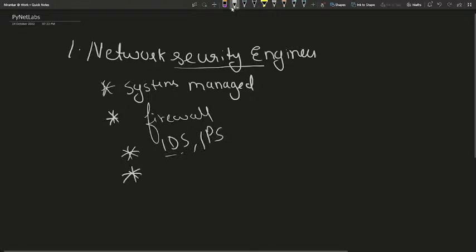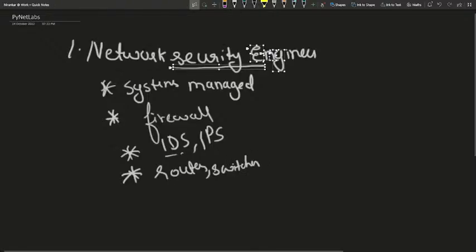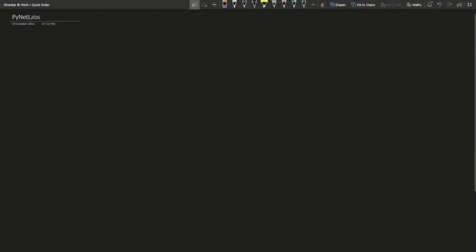Then we have routers and switches. This is all done by a network security engineer. Next we will talk about what a security analyst does. At the end I will also talk about the average salary each profession gets.